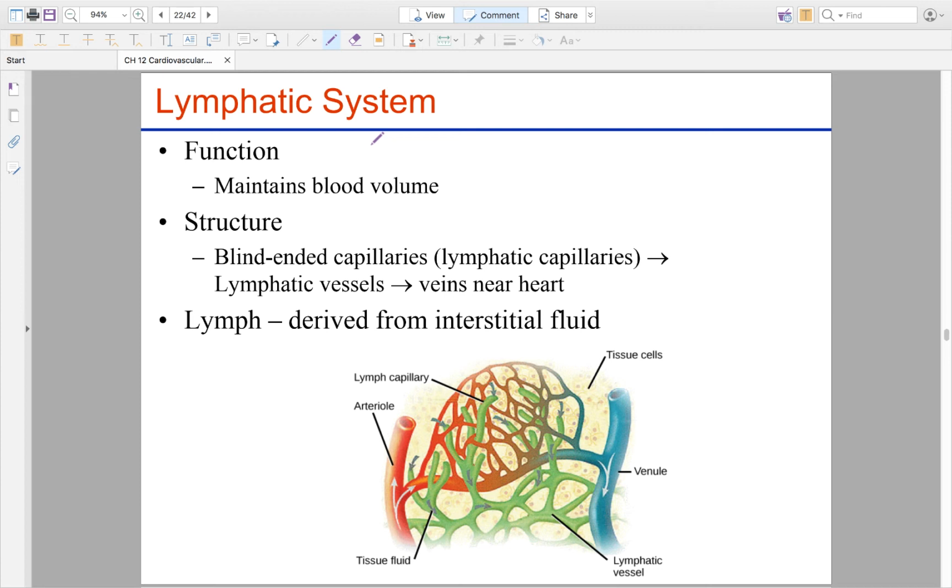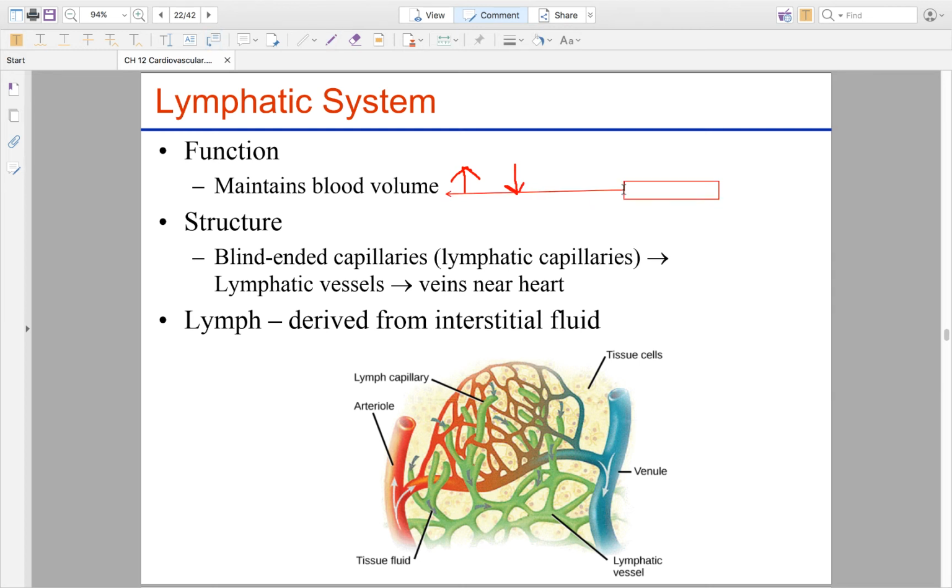Okay, now the lymphatic system's job is to maintain the blood volume. So remember, our blood volume cannot go too high, nor can it go too low. It has to be at homeostasis.